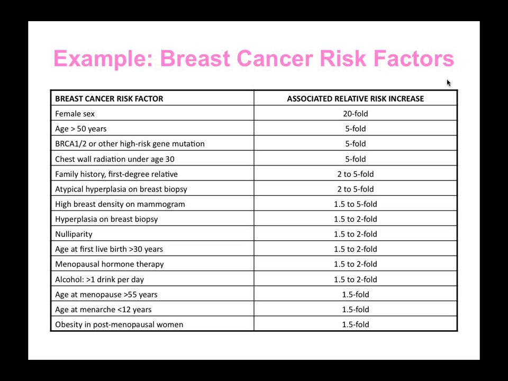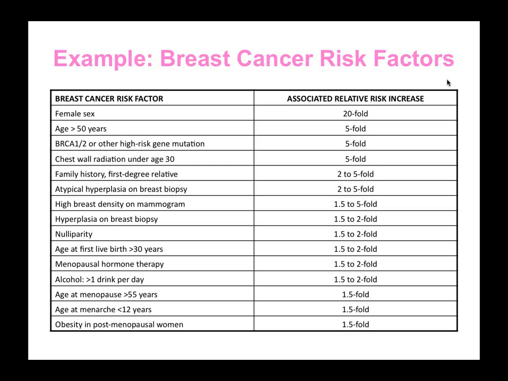We know that those women who inherited a mutation in BRCA1 or 2 or some other high-risk gene mutation like a P53 mutation also have elevated risk. And then there are a number of other factors like patients who receive therapeutic radiation for another condition at a young age and had the breast tissue radiated. That predisposes to future breast cancer.